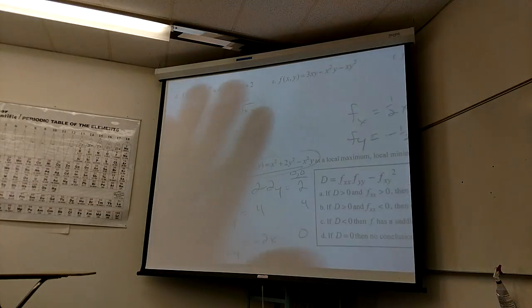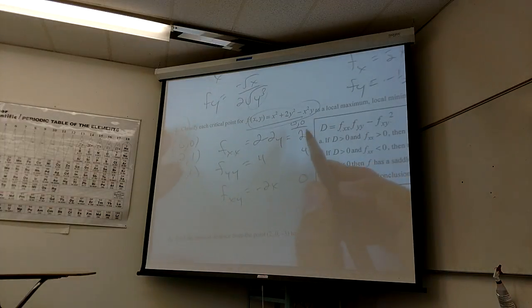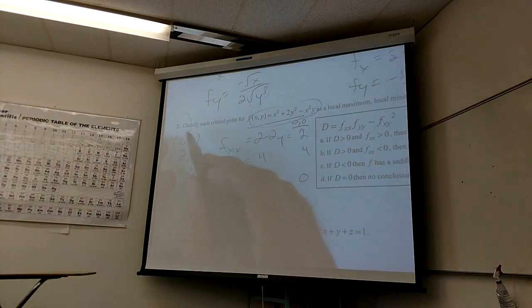You mean? No. All right, so I've finished checking out (0, 0). How do I finish out number 2? I now check out (2, 1). Right, so at (2, 1), this would be 2 minus 2, 0. You guys with me?